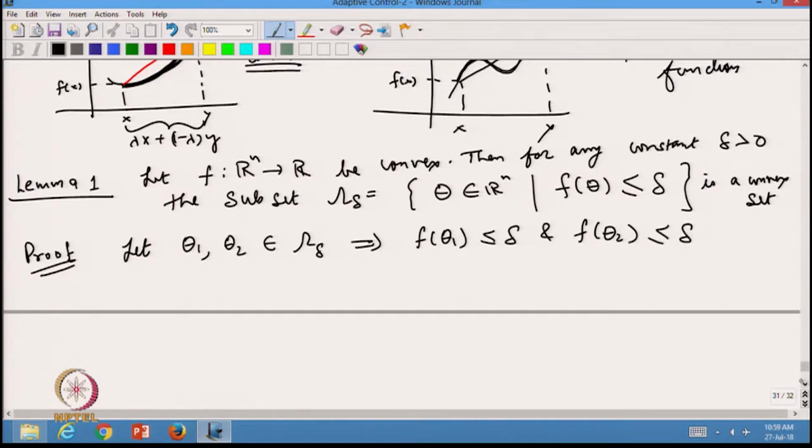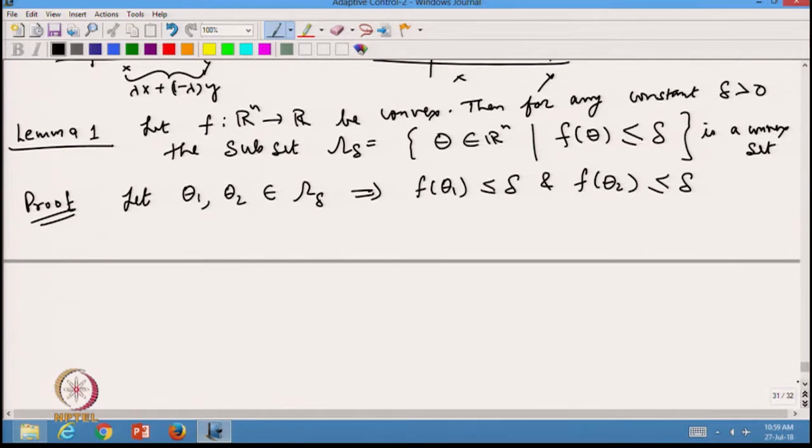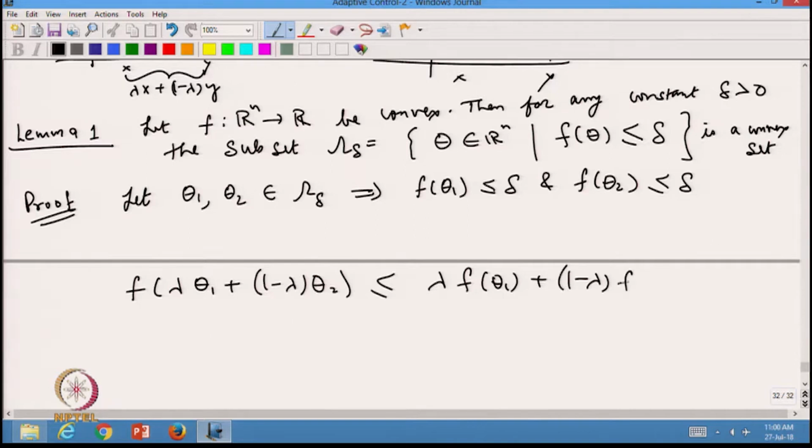Okay. So, now we use the information which is given, which is that this function f is convex, which means that f of lambda theta 1 plus 1 minus lambda theta 2 is less than equal to lambda f of theta 1 plus 1 minus lambda f of theta 2. Okay.